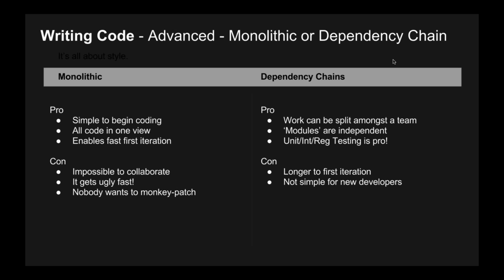So, monolithic or dependency chain. It's easy to hack something out, like I said, in monolithic form. It's really easy to start a set of code because you see it on one screen, and you can quickly get something done, and everyone wants to get something done.